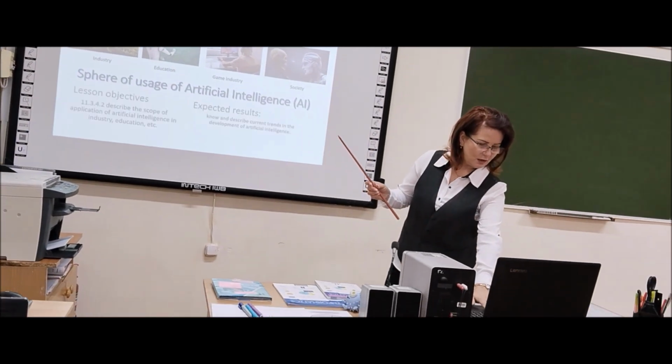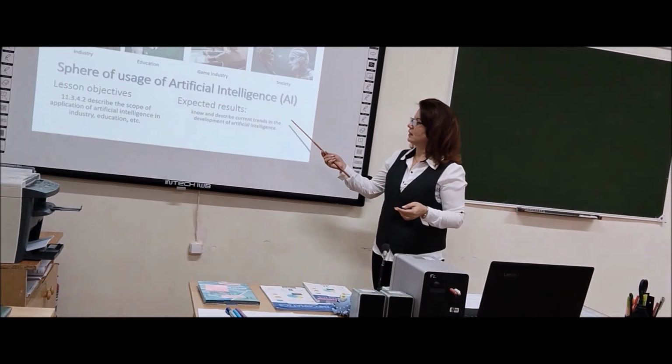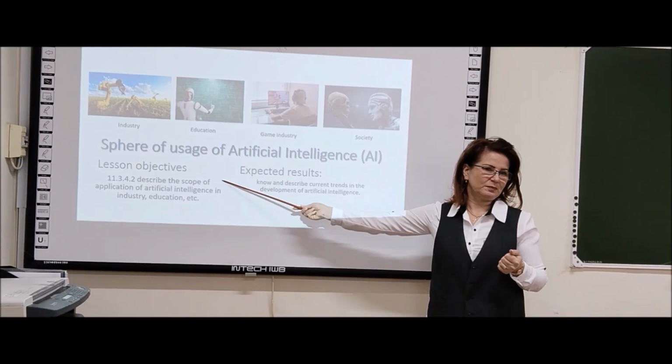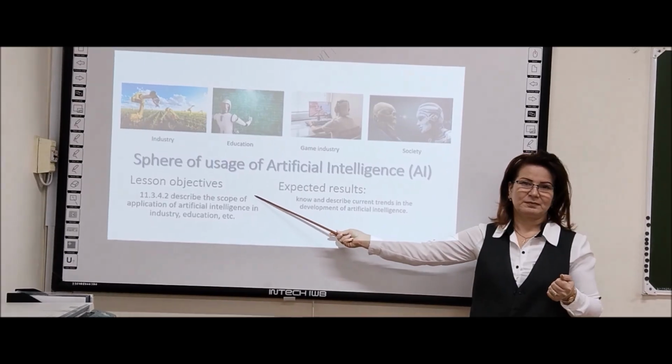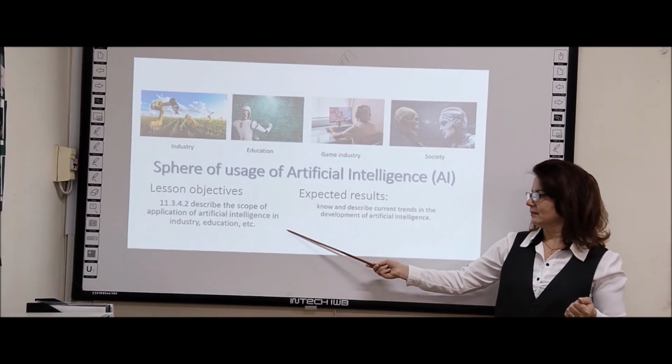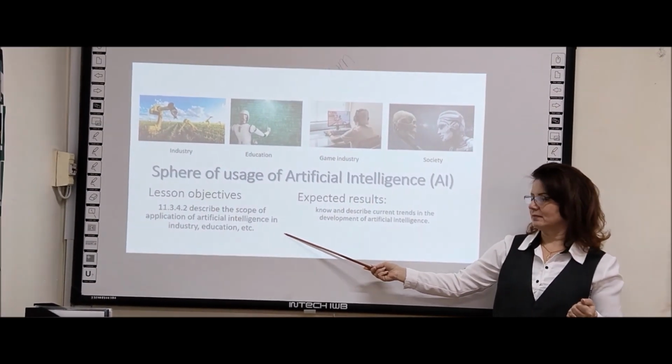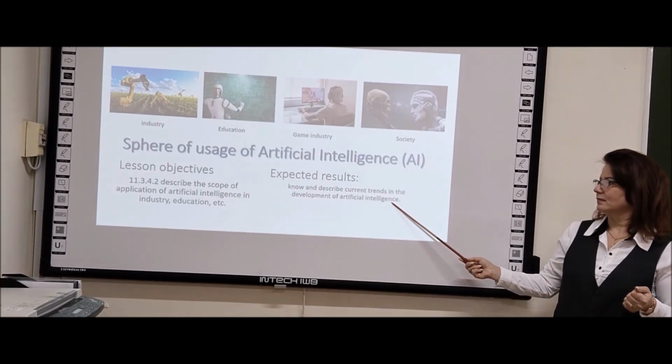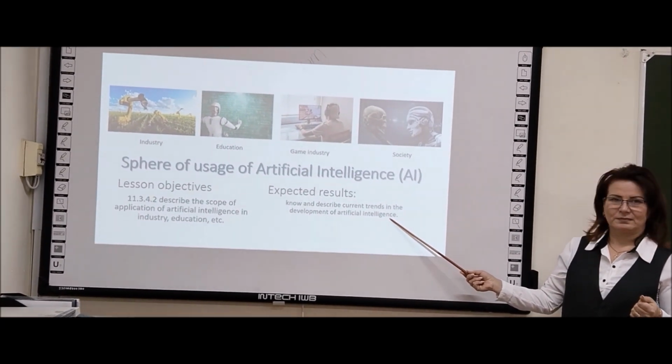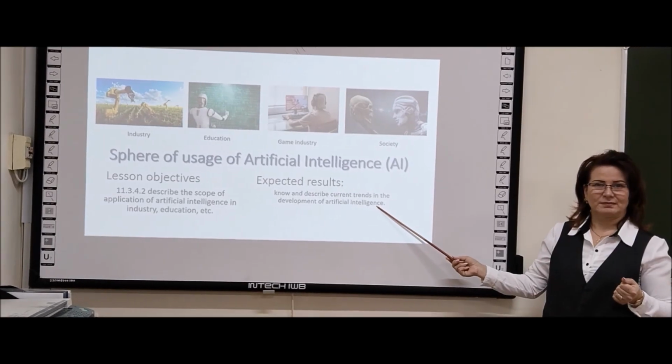Okay, good. Now read the lesson objectives. Lesson objectives: describe the scope of application of artificial intelligence in industry, education, etc. Expected results: know and describe current trends in the development of artificial intelligence.